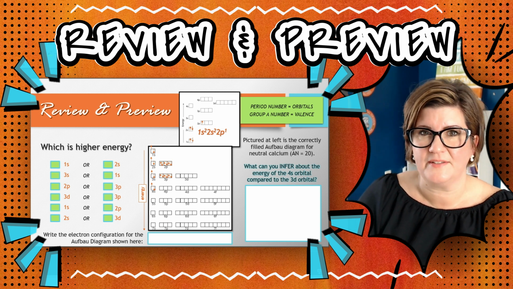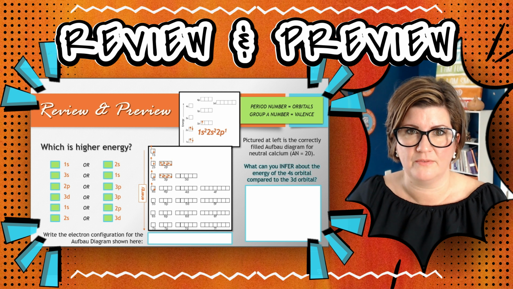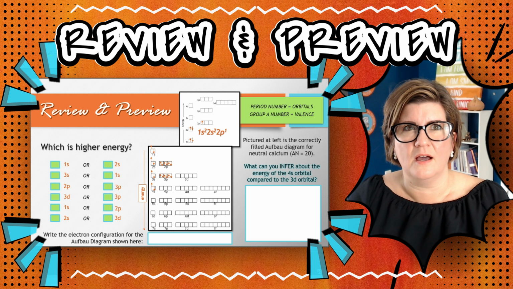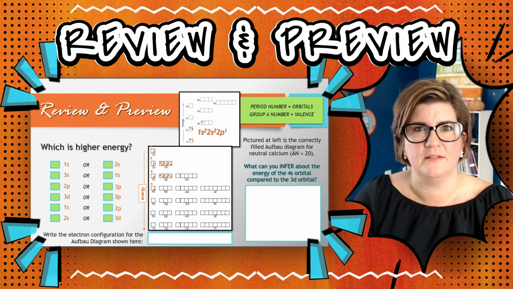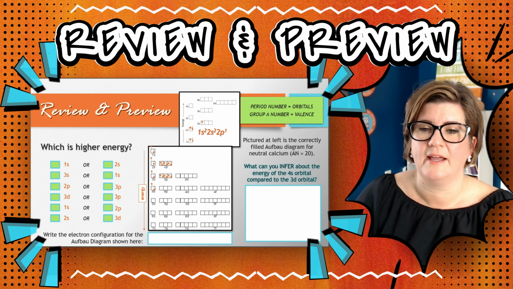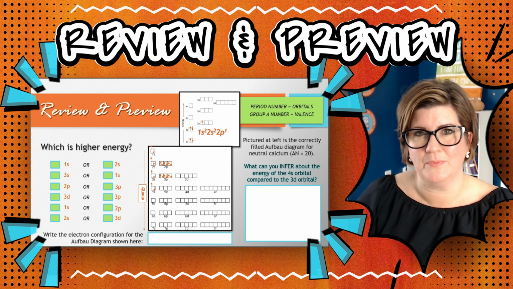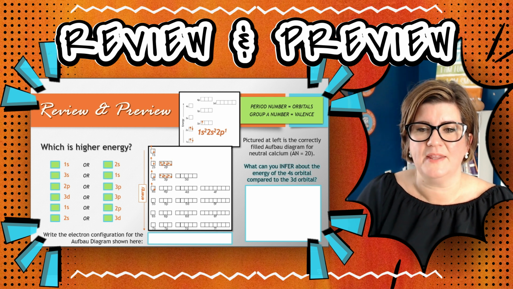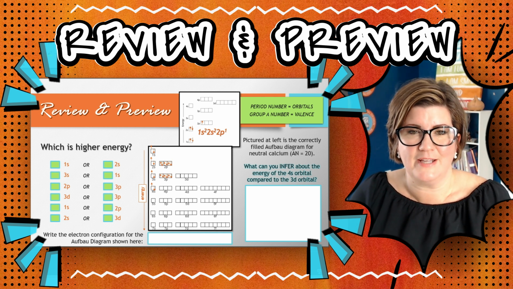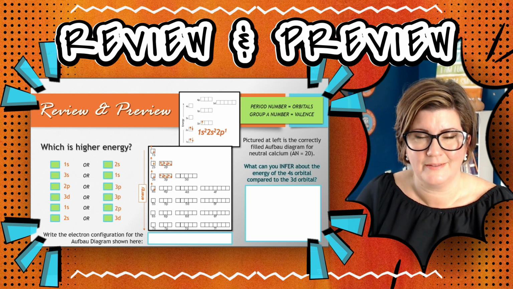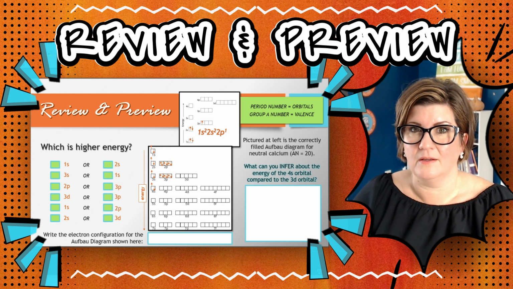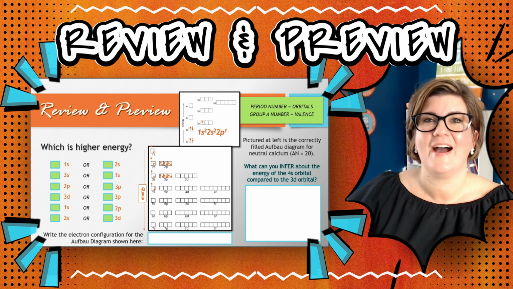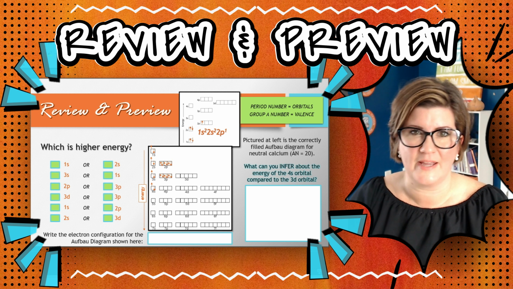Now, I specifically asked this question because for the longest time in Pennsylvania, and in general, I think the NGSS assessment boundary is main group elements, not transition metal elements. So students don't have to be able to work the d orbitals. But this is always a point of contention, right? Because the 4s orbital is technically lower energy than the 3d. But wait a minute, Mrs. Crosis, you just said that the further out, the higher energy. Well, it gets a little wonky up there.